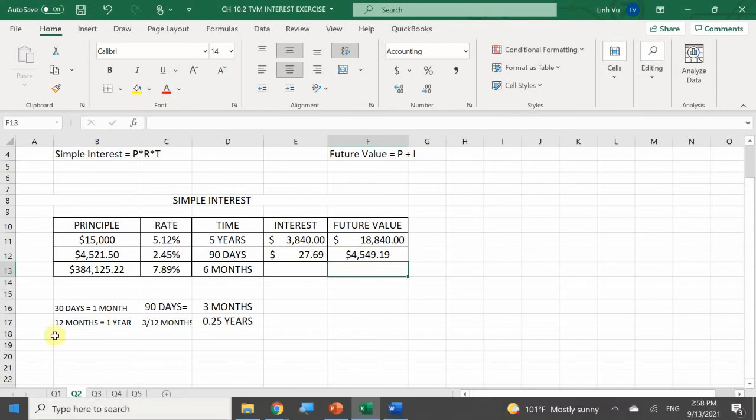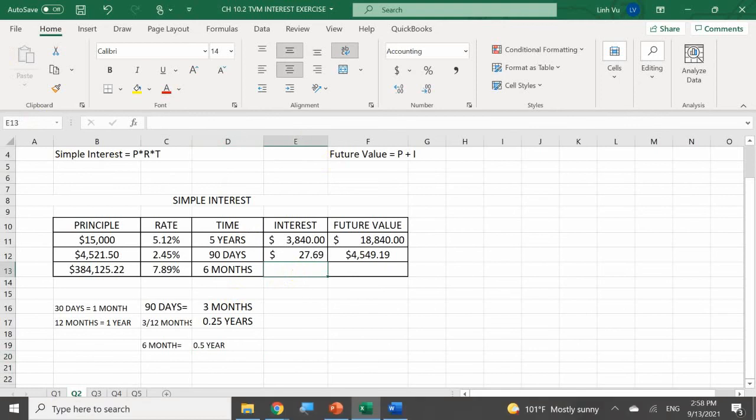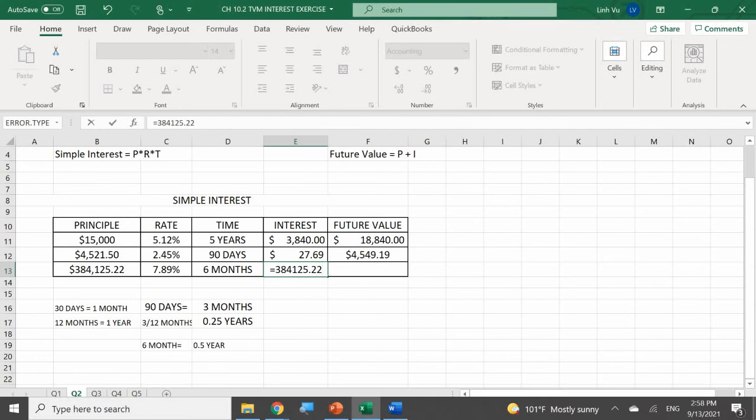The last scenario we have here is 6 months, which is equivalent to half a year. So how much interest am I going to be collecting if I have a principal of $384,125.22 times the 0.0789, multiplied by half a year?